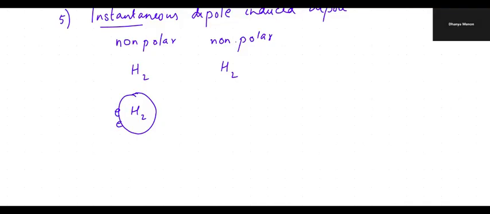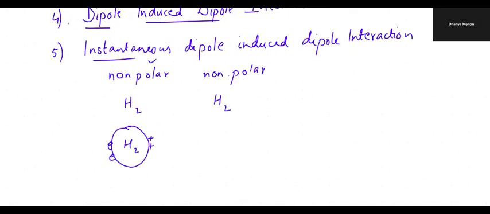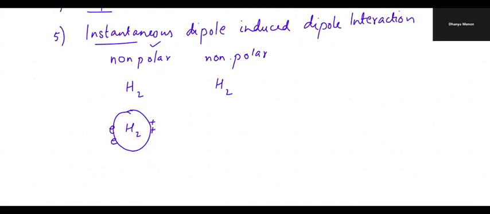So the other area that is deficient of electron will have a slight positive charge, and repeatedly I'm telling, not permanent, at any instant of time. Okay, so at this particular time, this hydrogen has become a dipole, okay, temporarily, just for some time, maybe split of a second or sometimes, okay. So at a particular instant of time, this hydrogen has become dipole.